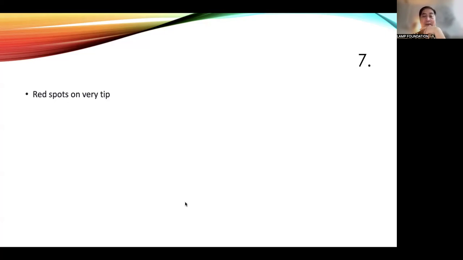Oh, number 7. Red spots on the very tip. Heart fire. Okay. Heart fire, and there is the heart fire derived from emotional stress. Tingnan nyo yung mga stressful nyo. Ay, naku, ang daming ganyan ah. Ewan ko, ako kasi I would know kung mayroong hugot. Ang hirap ituro.